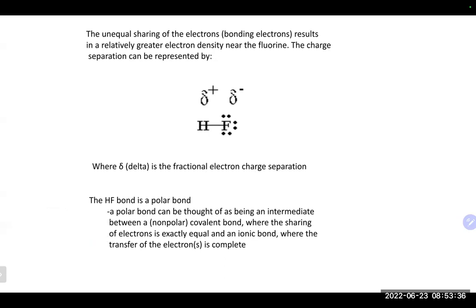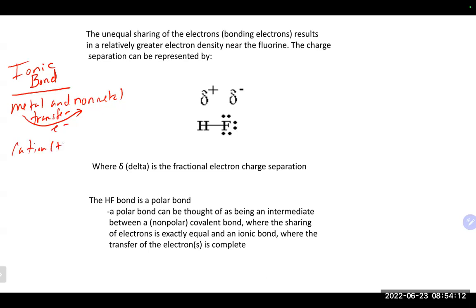So in thinking about the three different types of bonding that we've talked about here so far, there's sort of two extremes and kind of something in the middle. On sort of one end of the extreme, we have the ionic bond, if you will, where we have a metal and a non-metal, where we have the transfer of electrons, creating our cation, which is positive, and our anion, which is negative.